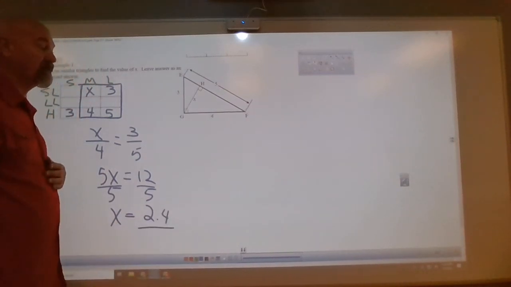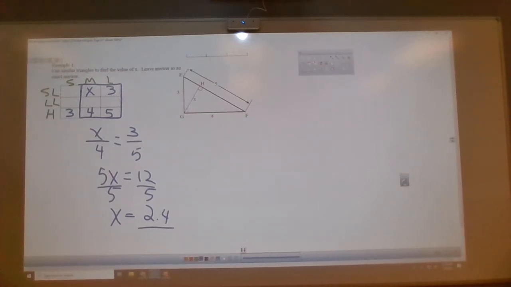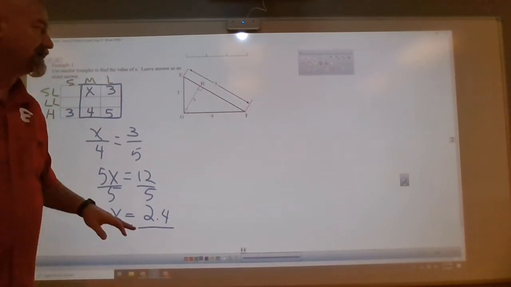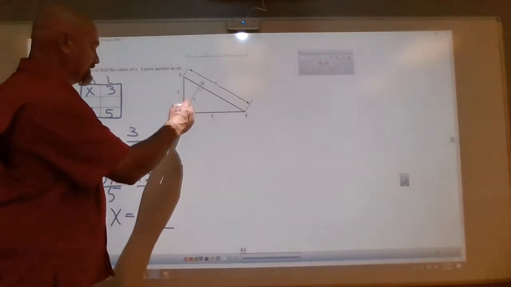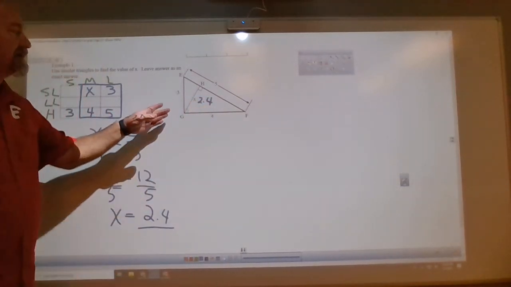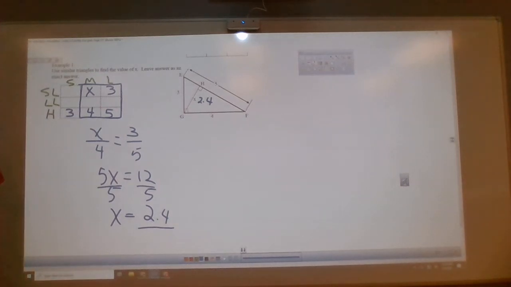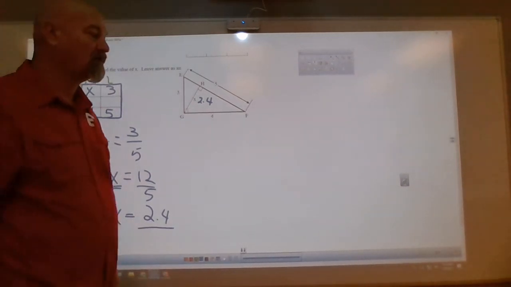We'll just leave it as 2.4. Yeah, that's right. So that's how you do it. Now we know that this is 2.4. That makes sense, doesn't it? Because it's going to be a little smaller than the hypotenuse of the small triangle. All right, so that's all we're going to do.